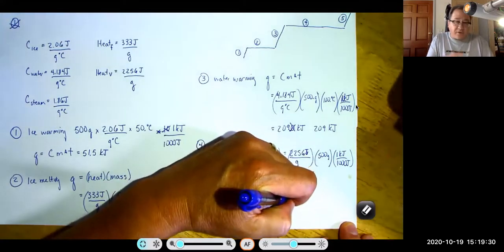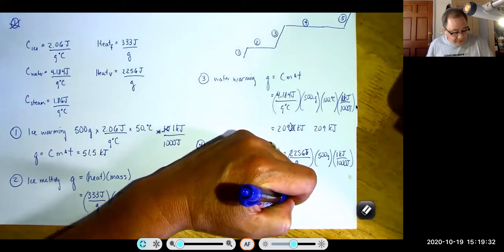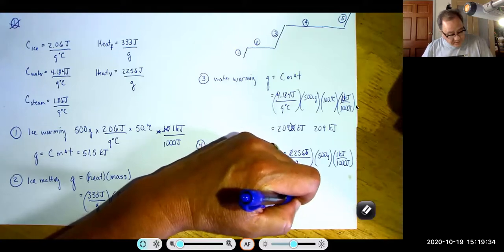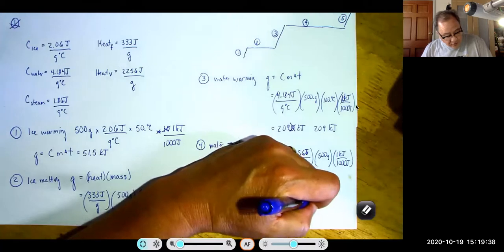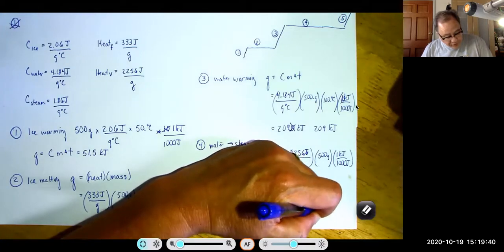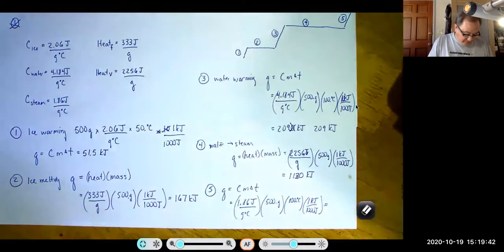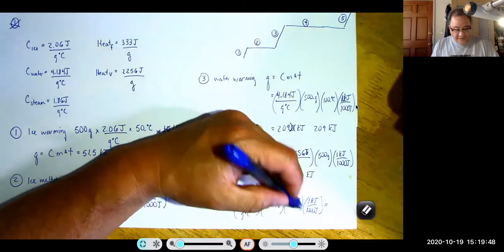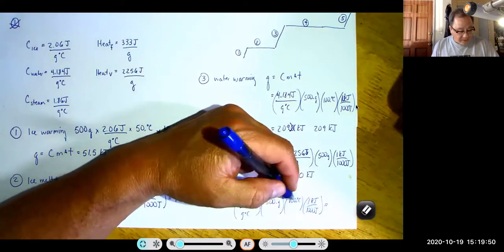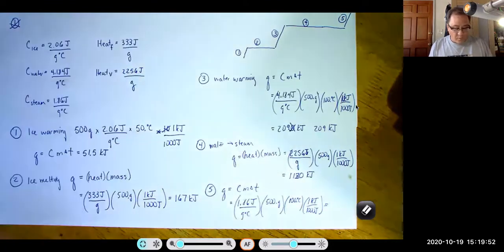They want us to go from 100 degrees Celsius to 200, so that's 100 degrees Celsius, and then times 1 kilojoule over 1,000 joules. And let's see what we get here, 1.86, so 2 times 5 is 1,000. 1,000 divided by 1,000 is 1. 1 times 100 is 100.